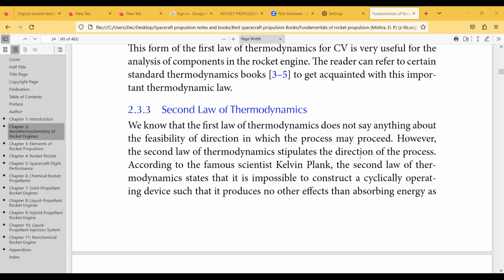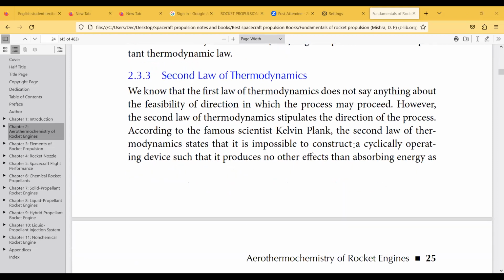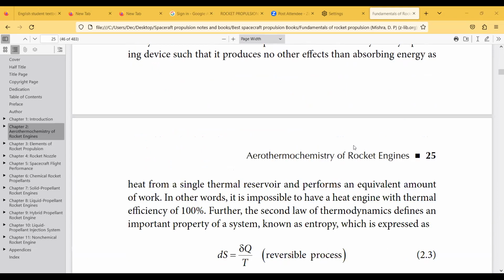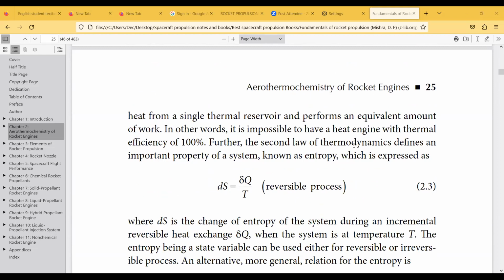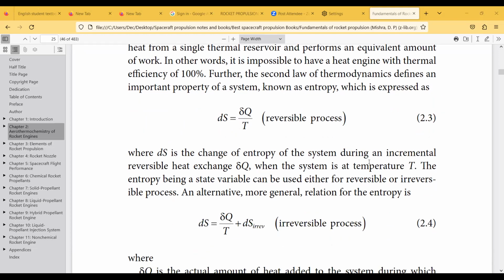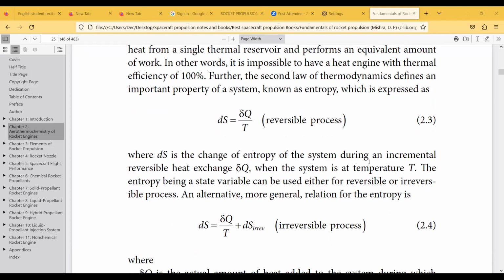The second law of thermodynamics is also there. You are familiar with thermodynamics. I'm not going to teach you one-to-one, but once you know the basic things, what are reversible processes, what are enthalpies, what is entropy, then you can relate your knowledge to this process.